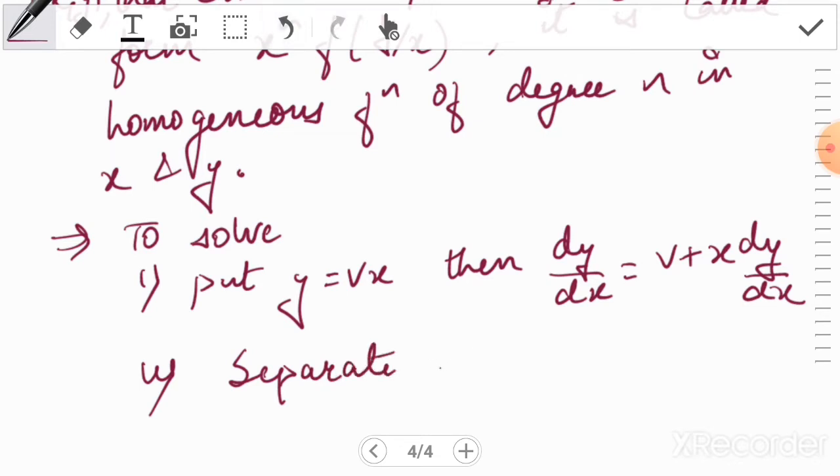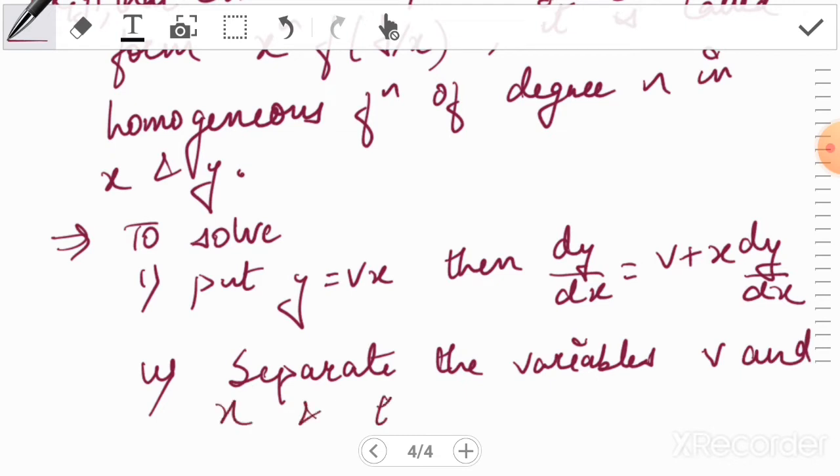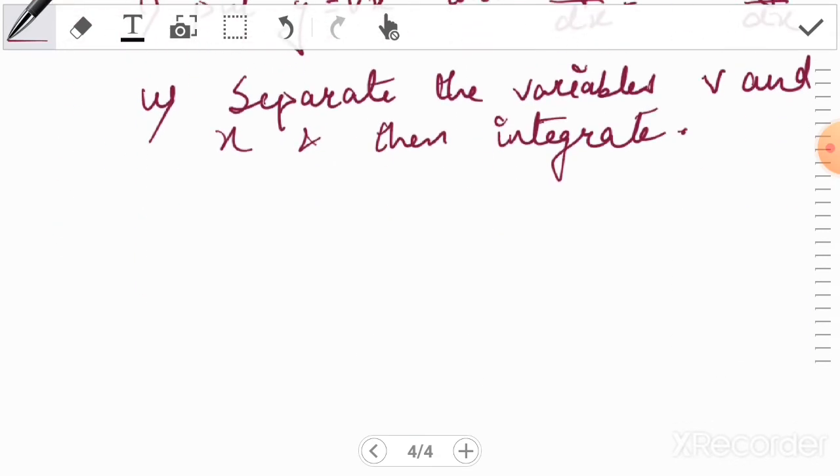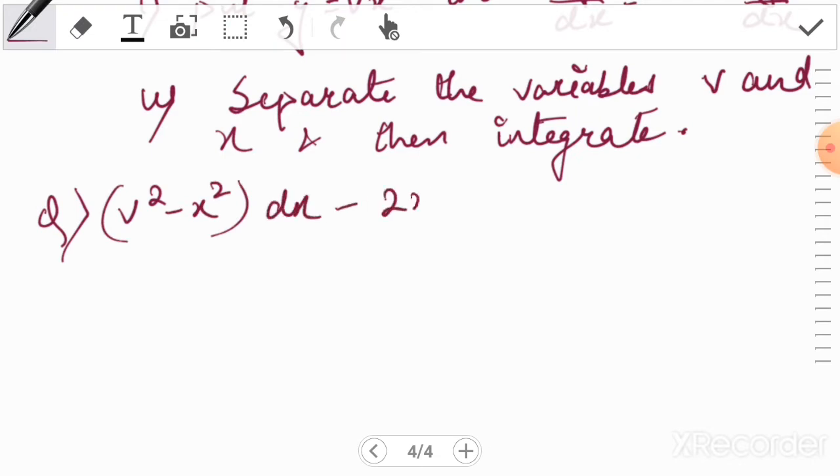Separate the variables v and x and then integrate. For example, solve (y square minus x square) dx minus 2xy dy is equal to 0.